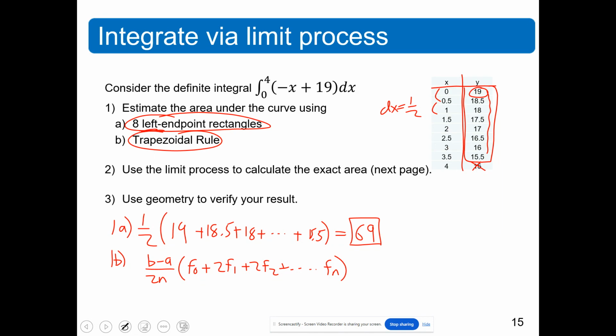This is what our formula is going to be. And so in this particular problem, it's going to be 4 over 2 times 8 times 19 plus 2 times 18.5. Let me write it that way. Plus 2 times 18 plus blah, blah, plus all the way to the end, which in this case, we actually will use that 15, and you get an answer of 68.